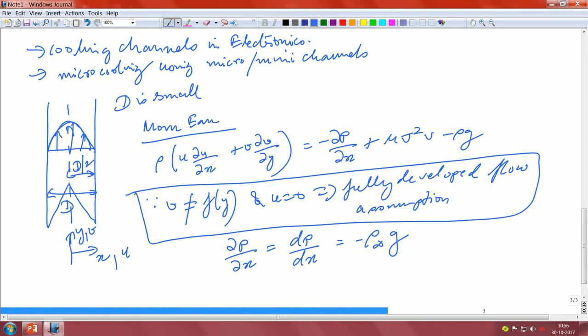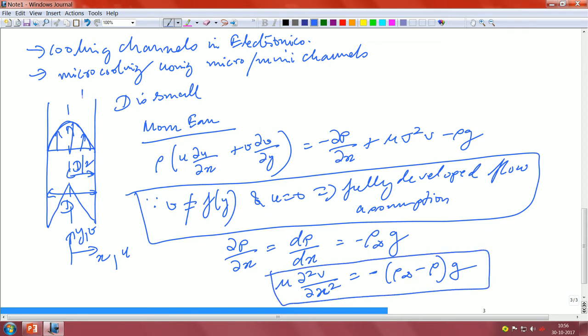Okay. It is like a hydrostatic head that we develop. Okay. So, this will become that is the only term that is remaining, right.